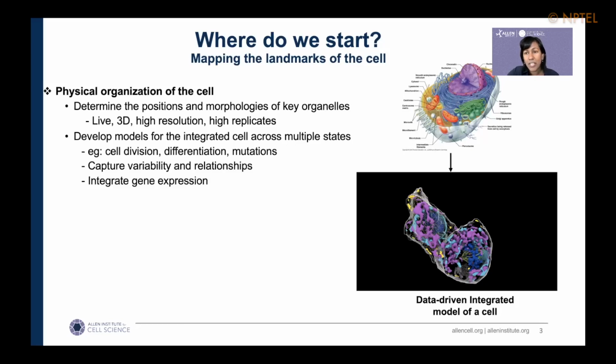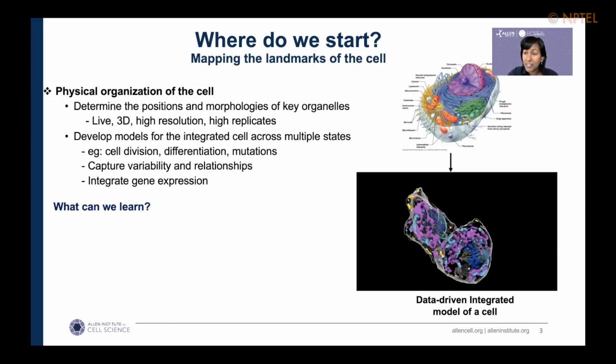And we do understand that just looking at cell organization is not going to give us the whole picture. Genes are a big part of it, going from genotype to phenotype. So we plan to introduce gene expression studies along with the cell structural studies.